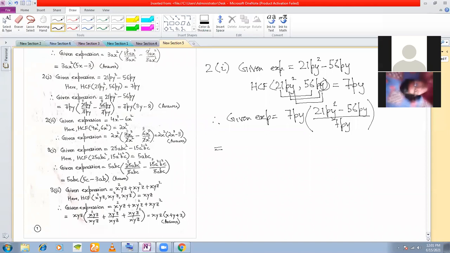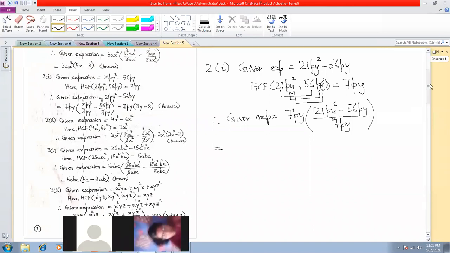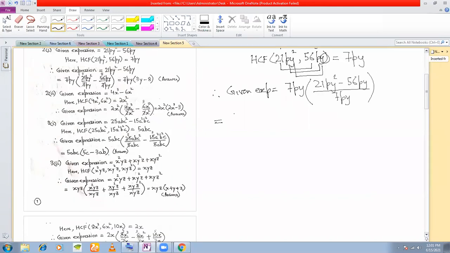Now in the next step, what you are expected to do is the normal polynomial division, how a polynomial is divided by a monomial. So 21py square divided by 7py and minus 56py divided by 7py.